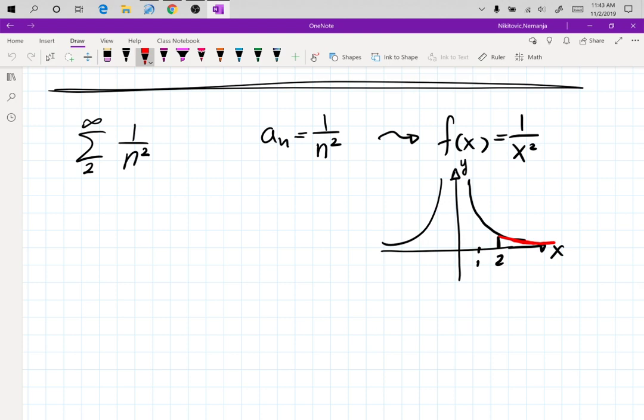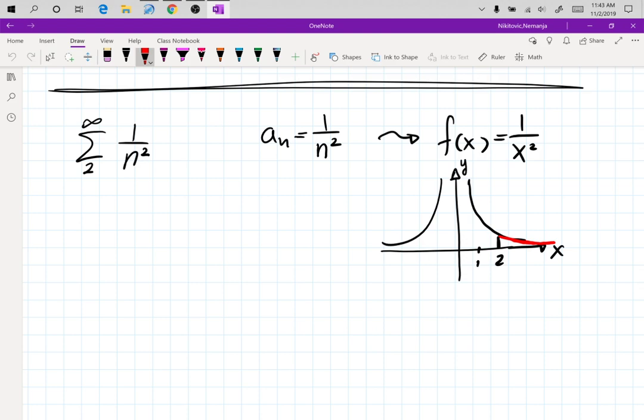Pretty much this is our original problem. Let's go to the next level. You just change 1 over x to 1 over x squared, and you need to do your conversions.